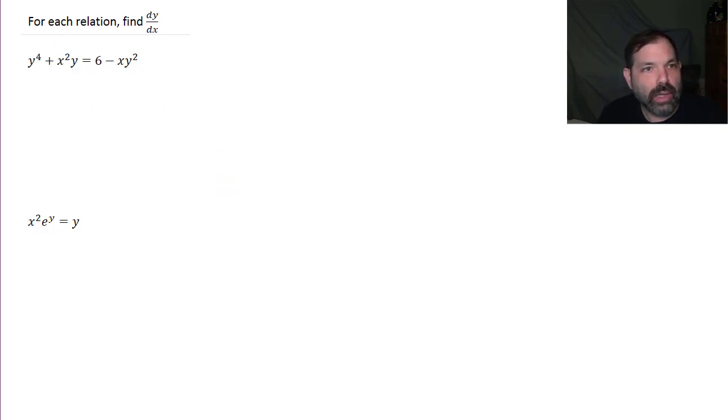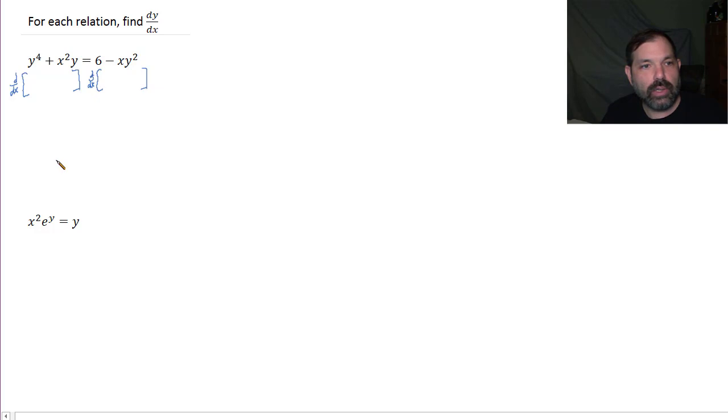All right, so like I've done before, let's apply the differential operator d by dx to both sides of the equation. I'm not going to rewrite the whole thing, but I'm applying the differential with respect to x to both sides. So then d by dx of y to the 4th would be 4y cubed dy dx.